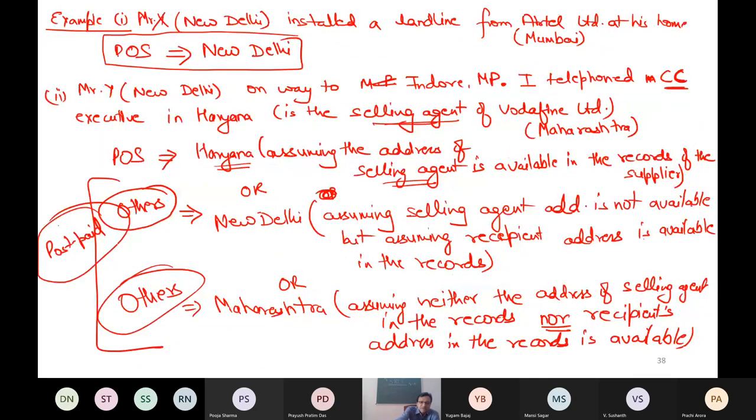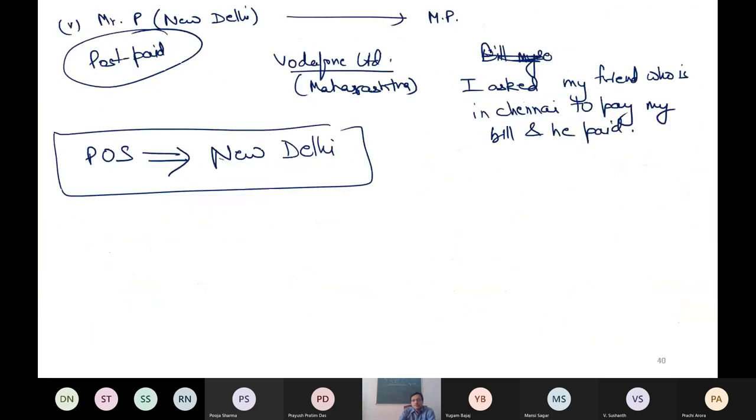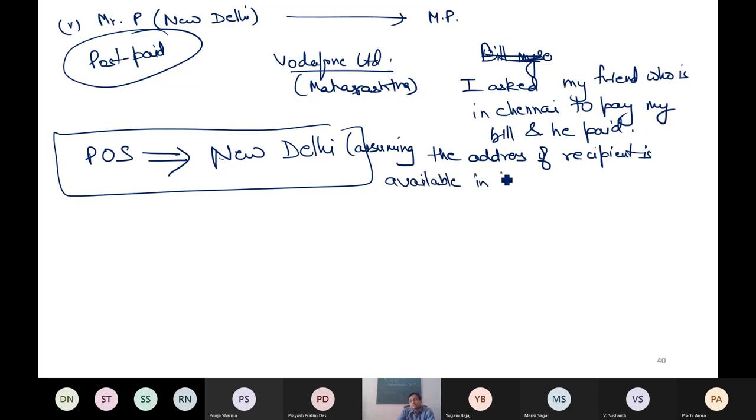Normally, in postpaid the address is available, New Delhi. You must know each and every assumption also. Assuming the address of the recipient is available. Not the actual address, but the available address as per the records. Or what?